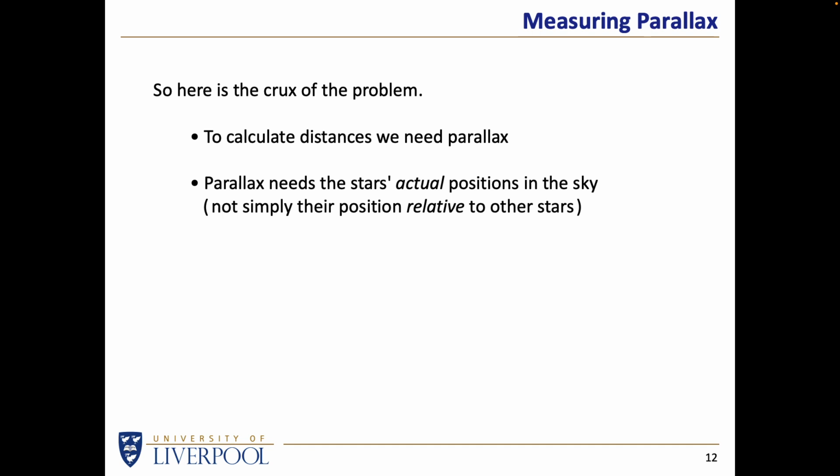For parallax, we absolutely need to know how the star is moving, not simply how this star is moving relative to a slightly more distant star. We need to know the distances as an absolute position on the sky rather than just relative to everything else we can see. And finally, the stars themselves are in motion. So it's not only the fact that as the Earth goes around the Sun, everything appears to move relative to each other, and ultimately we would like relative to an absolute source.